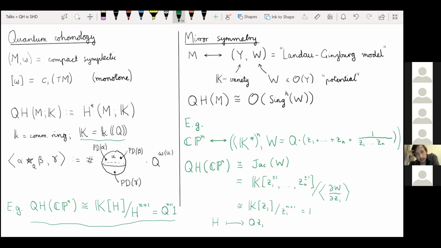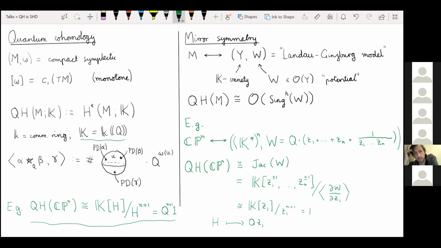Under mirror symmetry, we expect quantum cohomology of such a monotone symplectic manifold to correspond to the ring of functions on the singular locus of some potential, some Landau-Ginzburg model.